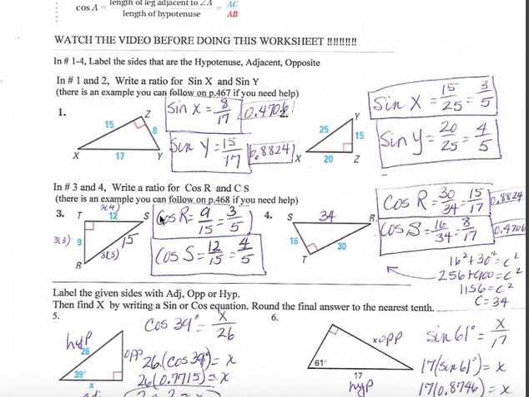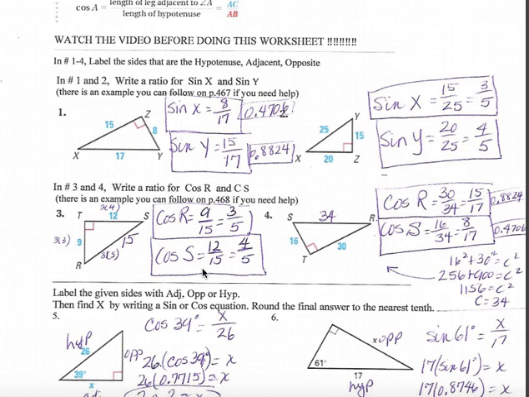So the cosine of angle r, cosine is adjacent over hypotenuse. So we need the length of the leg that's adjacent to angle r. That's going to be 9 over 15, adjacent over hypotenuse, which reduces to 3/5. And in relation to angle S, the adjacent leg is 12, but the hypotenuse is still 15.